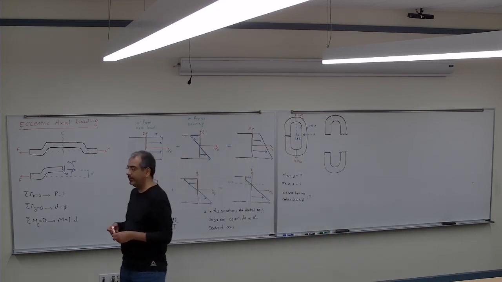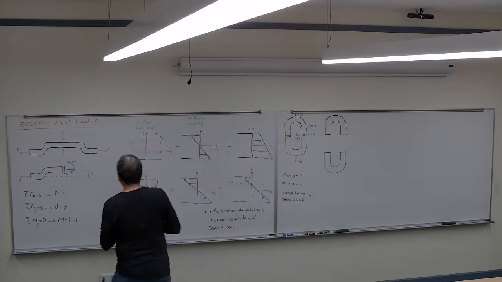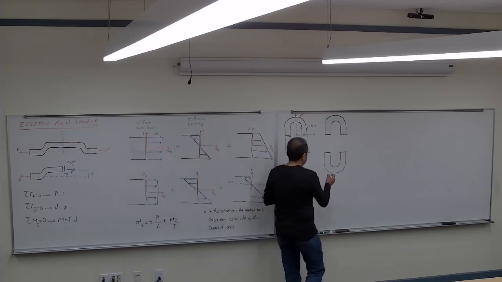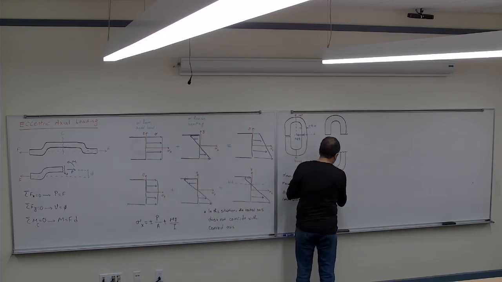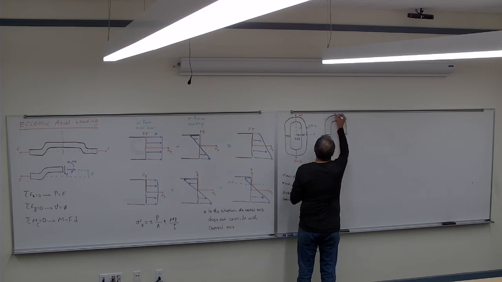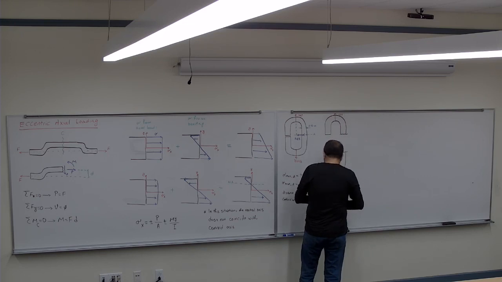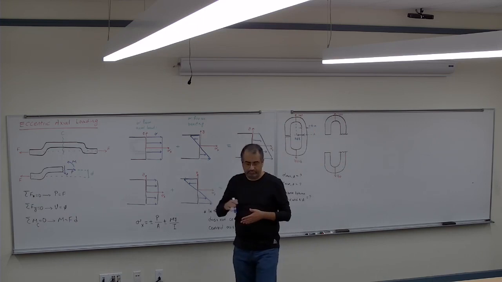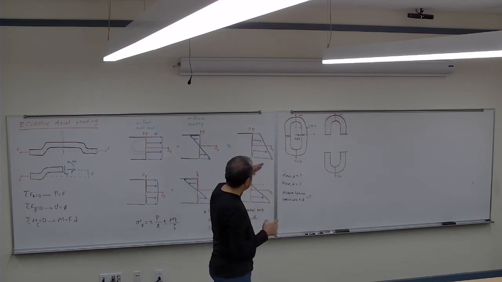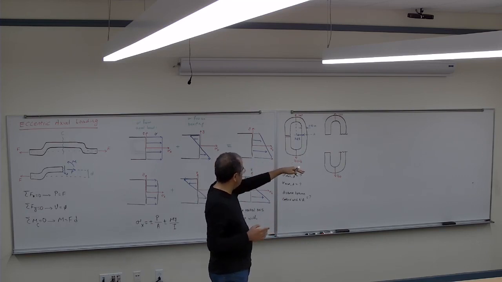160 applying on each end. So we have 160 here, 160 there. And then we have the internal forces. Look at that, there's no shear there, because nothing is going to cut that cross section.